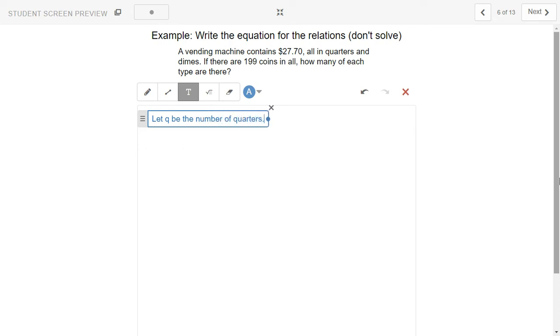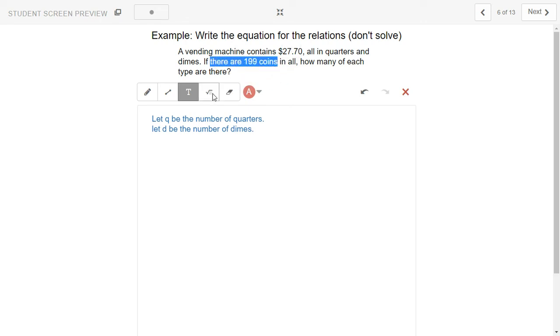Now, I want to be very specific that this is the number of quarters because we could be talking about value, but I don't want to talk about value. I want to make sure that we're discussing Q as the number of quarters. The second one, we can say let D be the number of dimes. So the first equation that we're going to make is an equation that talks about 199 coins.